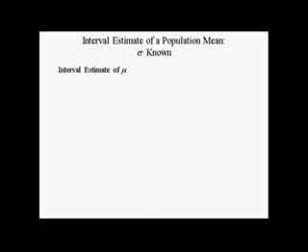The interval estimate of the population mean, mu, is x bar plus or minus the margin of error, which is the z-value times the standard error, or z-value times the population standard deviation divided by the square root of the sample size n.